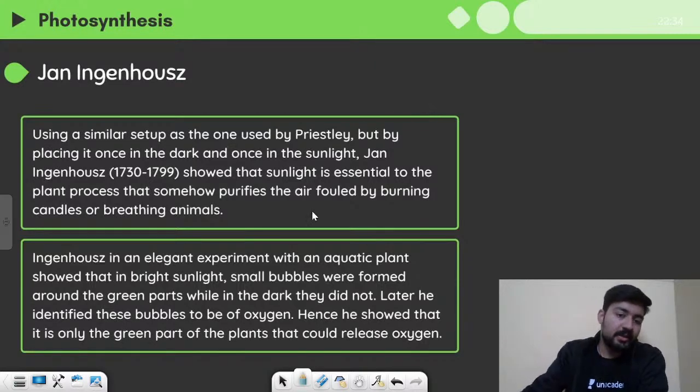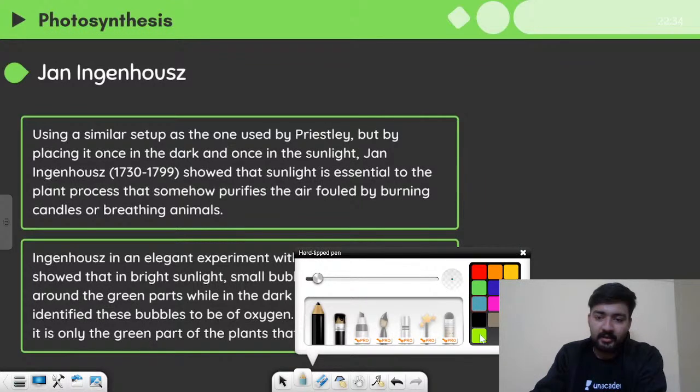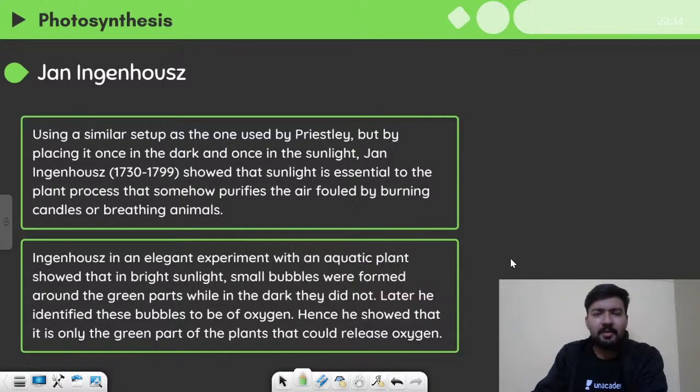Another scientist was Jan Ingenhousz. Now Jan Ingenhousz used experiments similar to those used by Joseph Priestley, but he found out the significance of sunlight for photosynthesis.